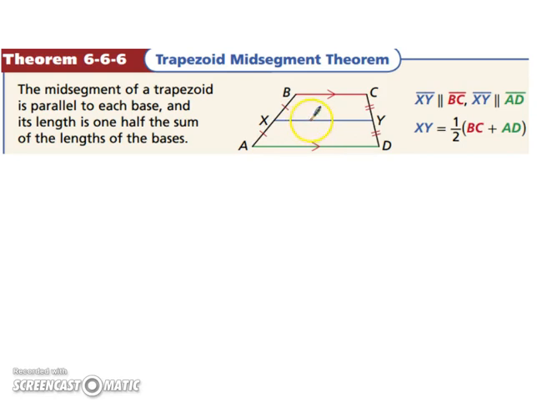So it's basically like taking the average. If you add up your length of BC and your length of AD, and divide them by 2, that's going to give you your XY. Let's try an example.